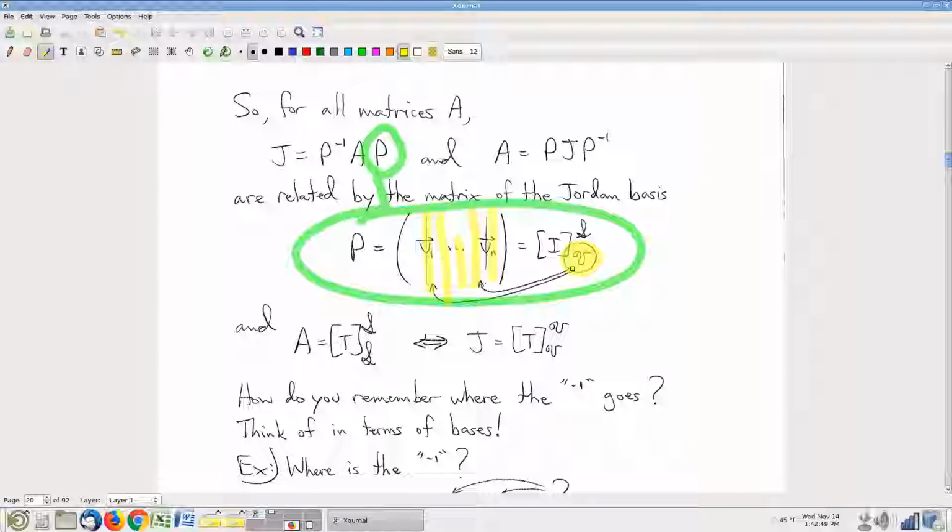The columns of this P matrix, the basis we're using for the change of basis, is really what accomplishes our attempt to get the matrix into Jordan canonical form. This basis has Jordanized our matrix, you might say, and so I like to call it the Jordan basis. Again, the book doesn't give that a name either.